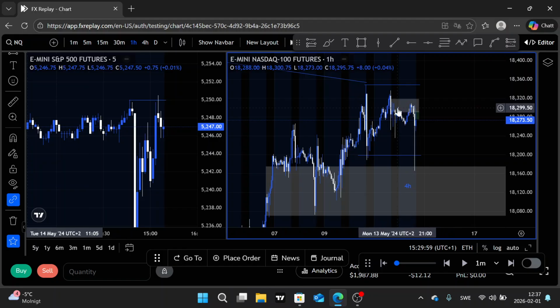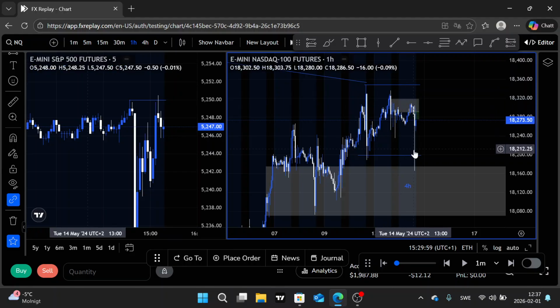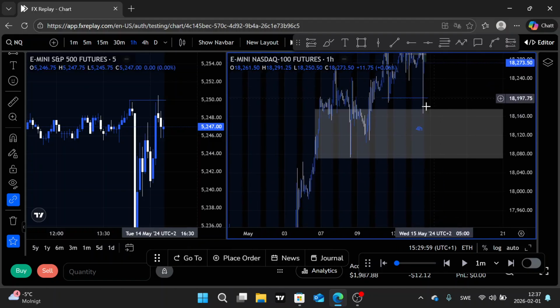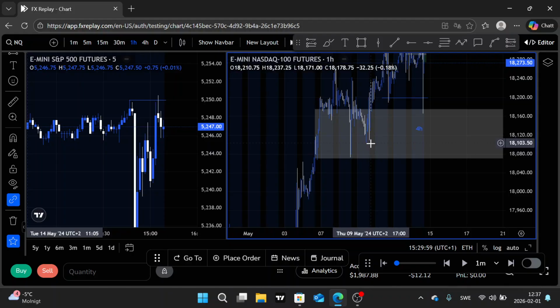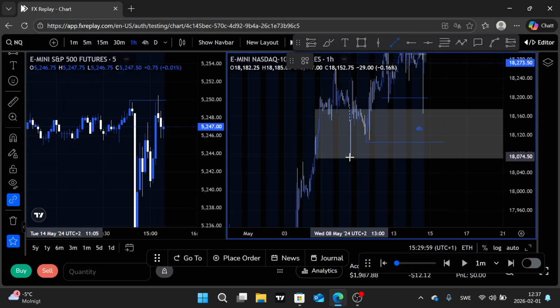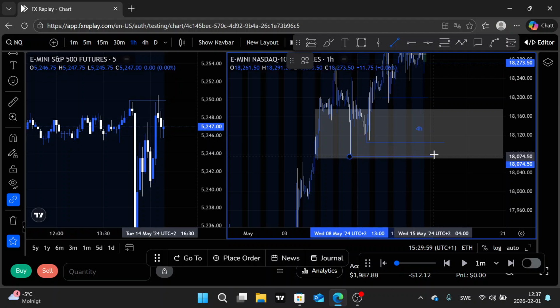We go back to this for value gap, we kind of respect it, we move down all the way here, but we do have sell sides here inside this for value gap. So if I'm bearish, these lows will be my targets.